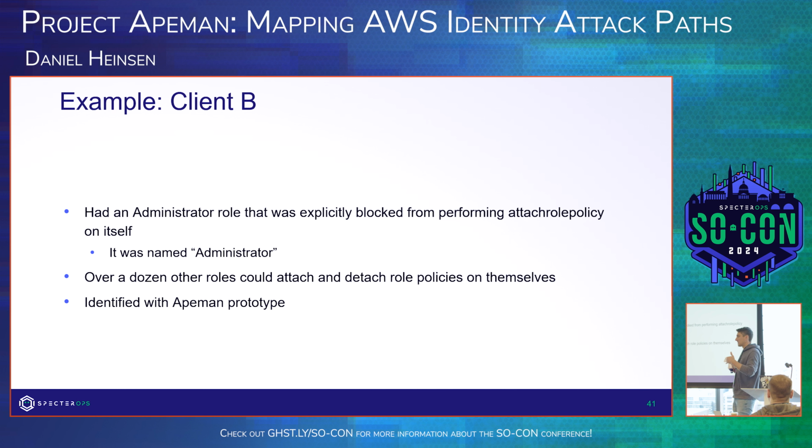But then there was a dozen other roles that can attach and detach policies to themselves and effectively take over the account. So in effect, of these maybe dozen or so roles, the admin was the least privileged because it was the only one that couldn't take over the account because they had other deny statements attached to them that would block specific IAM things, right? And that was identified with Apeman because we ran that query saying, okay, give me all the roles that can perform these actions, right?